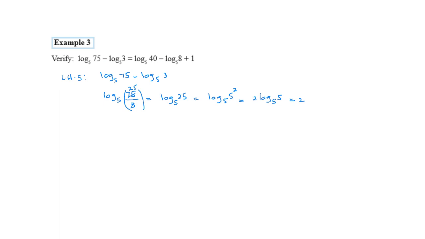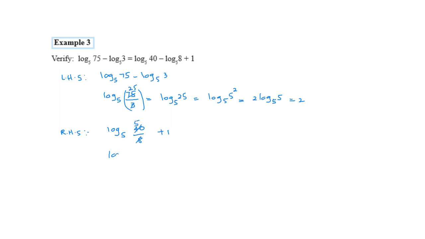Next we take the right hand side. Let's see what we have there. Log base 5 of 40, you have subtract, then divided by 8, plus 1. Then 40 divided by 8 you have 5.